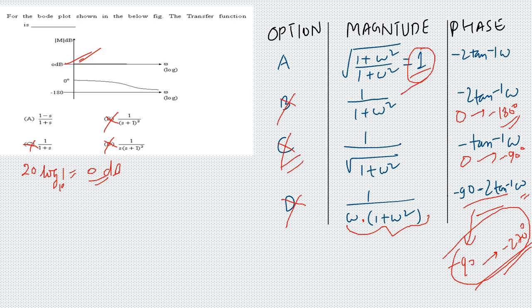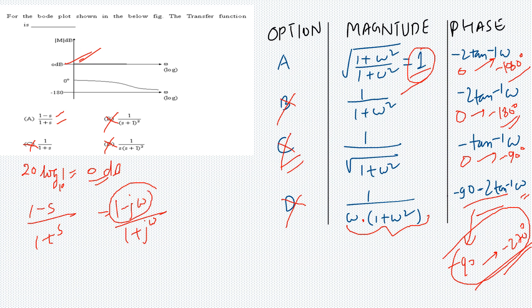Now you can see that the phase varies as minus 2 tan inverse of omega, which will go from 0 to minus 180 degrees as the frequency is varied. How do we find the phase? Just write the transfer function as (1 minus j omega) over (1 plus j omega).